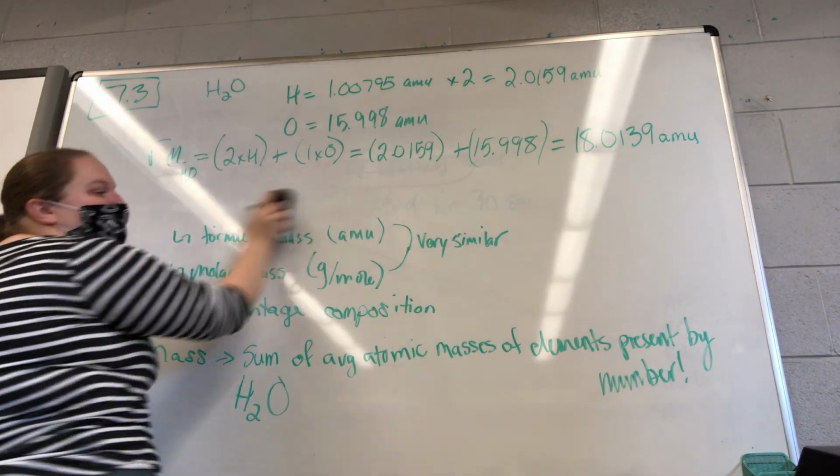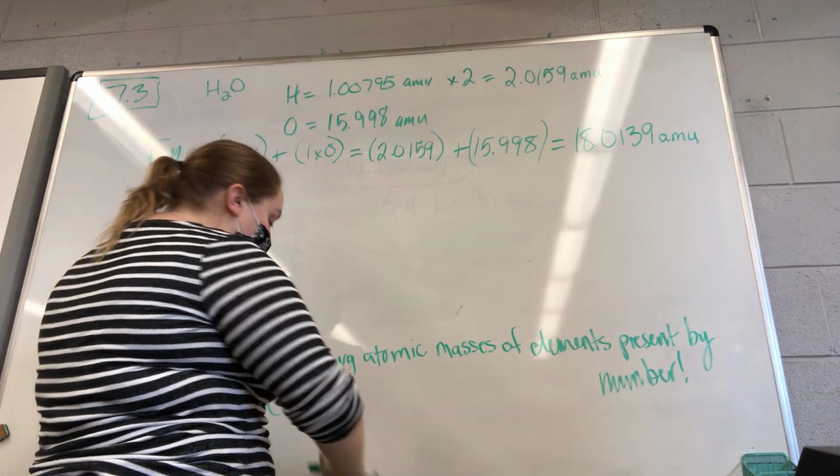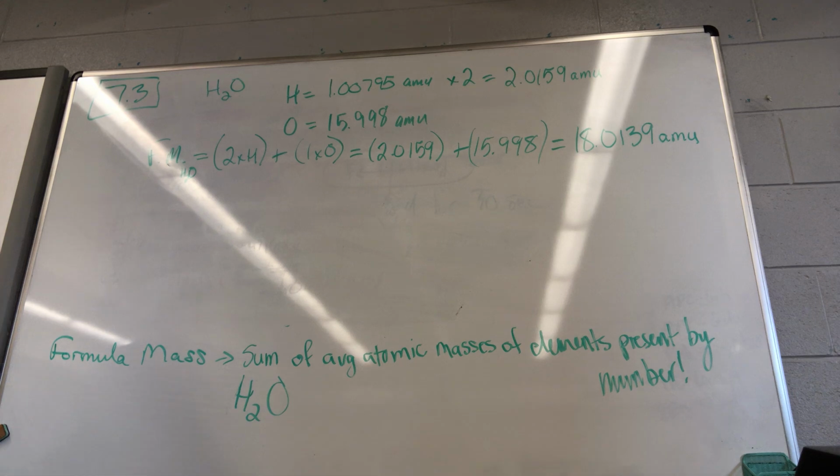Ooh, what a good question I was just about to ask. Do the masses on the periodic table have sig figs? Those are constants, right? What do we learn about constants and sig figs? They don't. So there are no sig figs here.